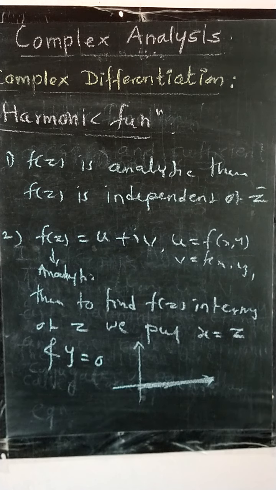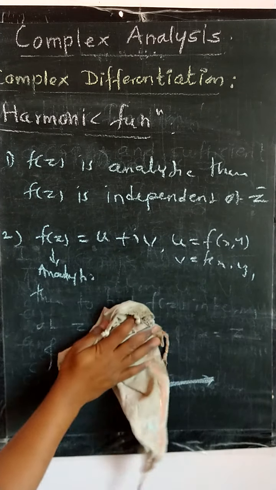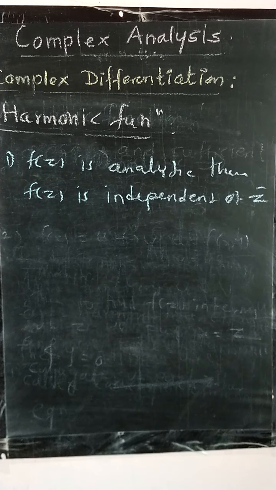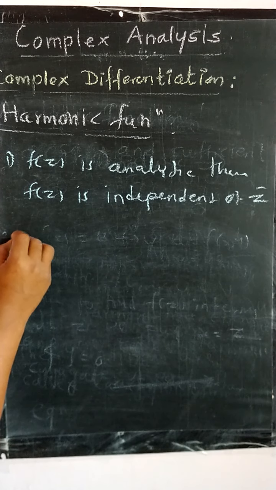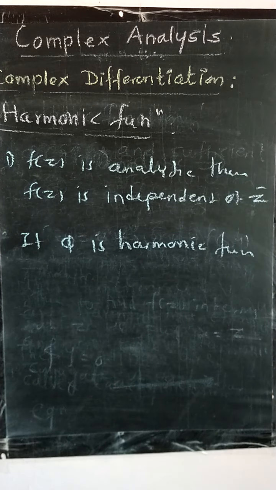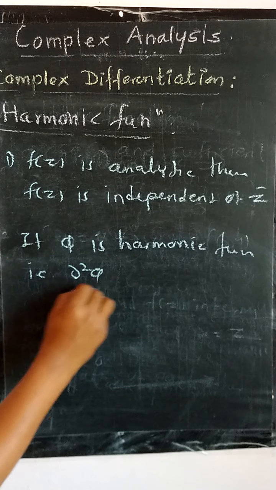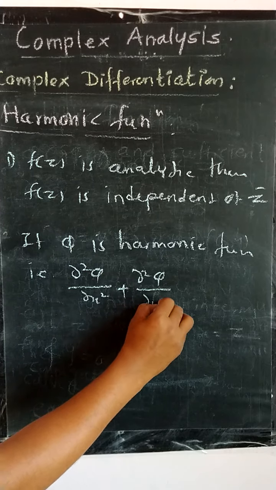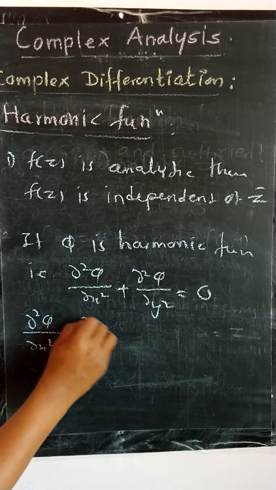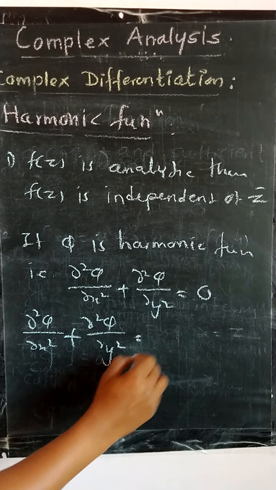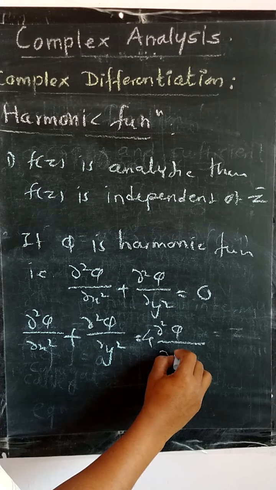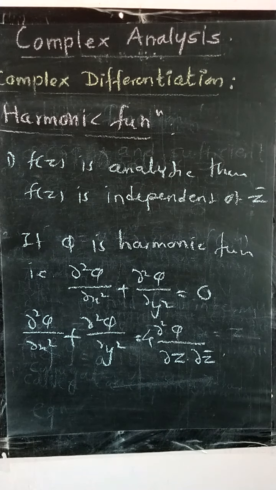Now if the function is analytic and if phi is harmonic function, third note: if phi is harmonic function, that is del square phi by del x square plus del square phi by del y square is equal to 0, then del square phi by del x square plus del square phi by del y square can be written as 4 times del square phi by partial derivative with respect to z into partial derivative with respect to z bar.